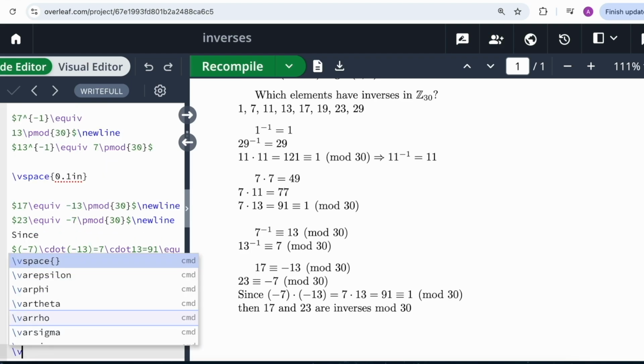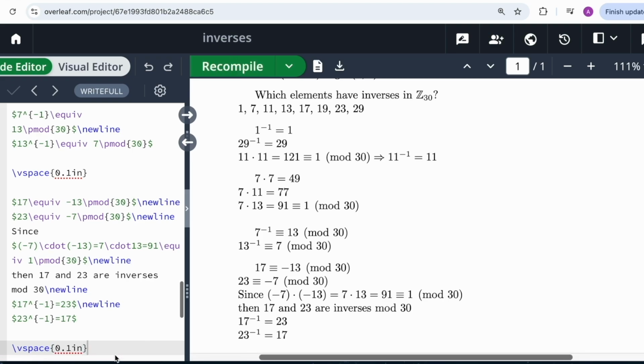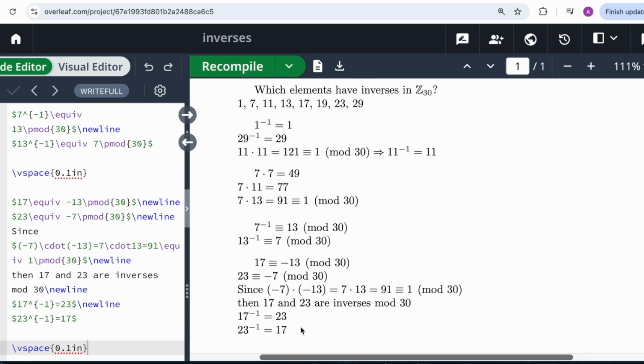So the last number that we have left is 19. We should have some intuition that inverses are unique. So since 17 is already an inverse with 23, it can't be an inverse with 19. Basically, the numbers are kind of partnering up for working on a quiz together or something, and 17's already partnered with 23, and 13 and 7 have partnered up, and 1 and 11 and 29 are all working alone.